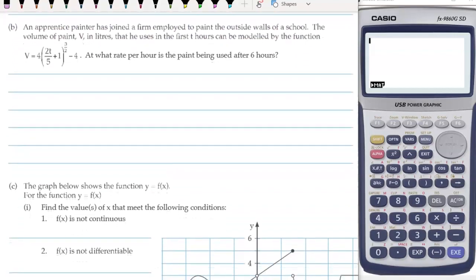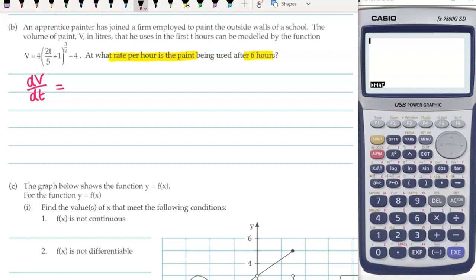For part B, we've got an apprentice painter hired to paint the outside walls of a school, and we're looking at the volume of paint that he uses in t hours. We want to know the rate at which the volume of paint is being used when we are at the 6-hour mark. So to find rates, we need to differentiate, so we'll do dV by dt.